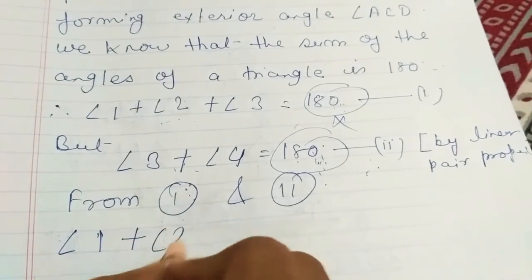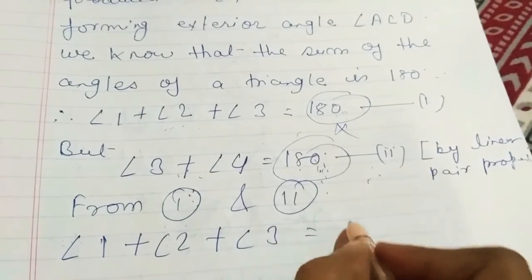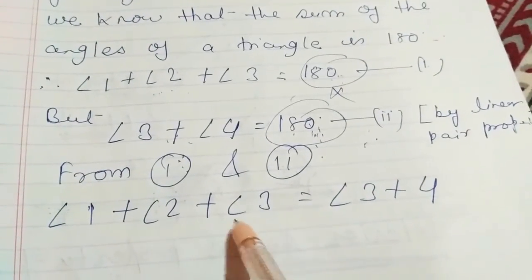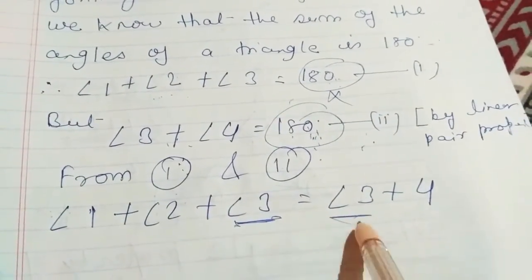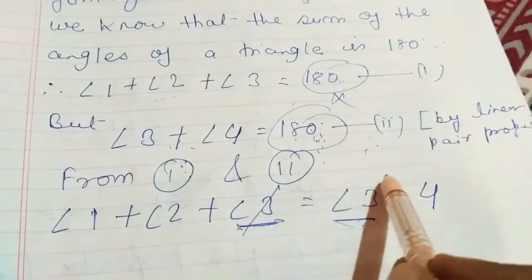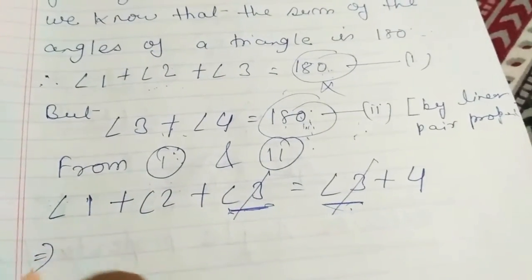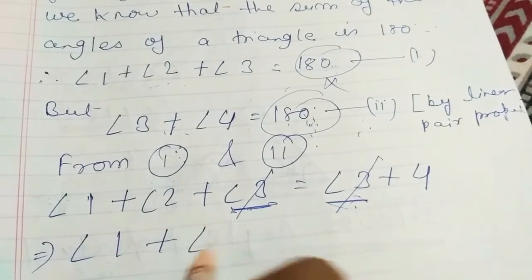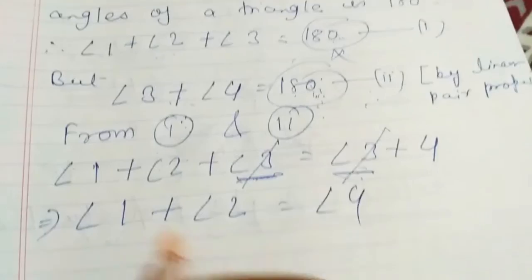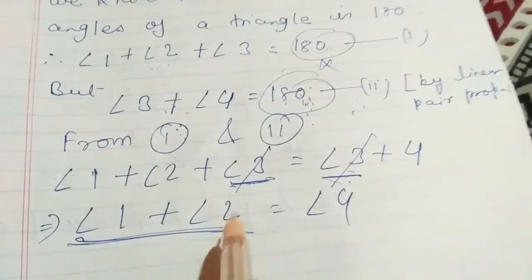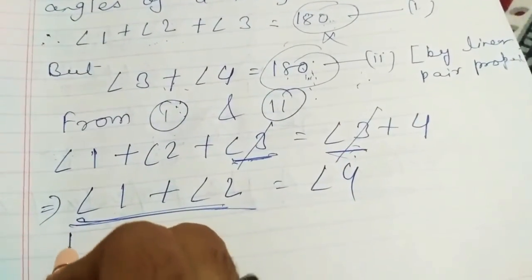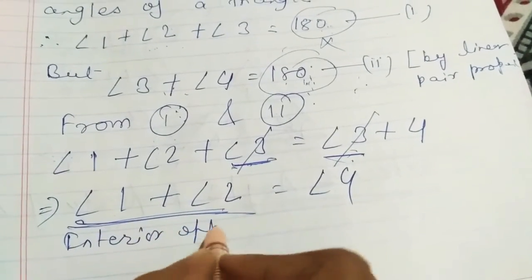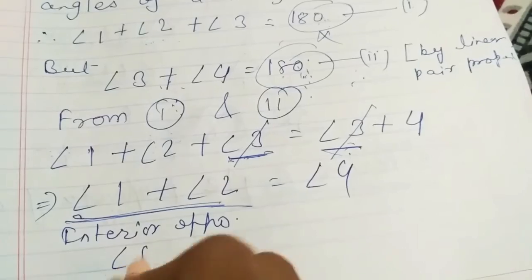Angle 1 plus angle 2 plus angle 3 equal to angle 3 plus angle 4. Now see angle 3, both sides angles, okay, so equal angles, just cut it and write angle 1 plus angle 2, and these angles are interior opposite angles.